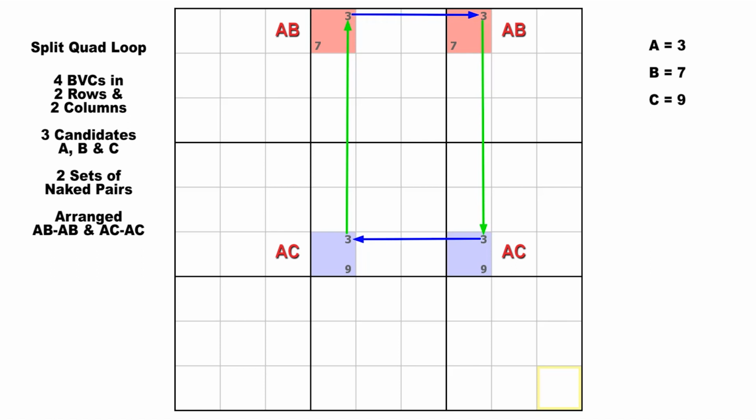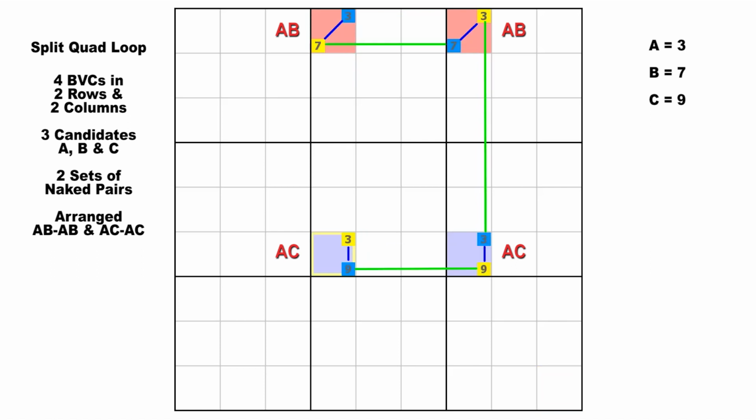And another way to see this is as 2 XY chains, like this, with the 2 endpoints on the 3s in column 4, or like this, with the 2 endpoints being the 2 3s in column 7. And no matter which method you choose to envision this, as an X-wing, 2 XY chains, a continuous loop, or a split quad loop, the end result will be exactly the same.